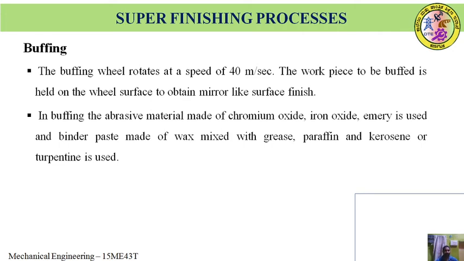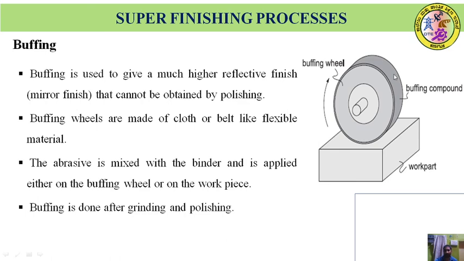In buffing, the abrasive used as a buffing compound is made up of chromium oxide, iron oxide, or emery, and a binder paste made up of wax mixed with grease, paraffin and kerosene or turpentine is used. So in buffing, the abrasive material here you can see is the buffing compound.